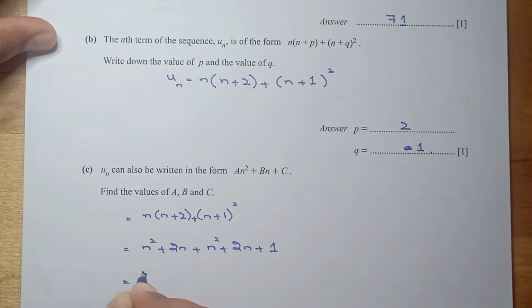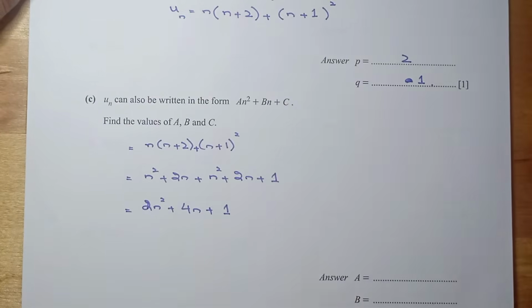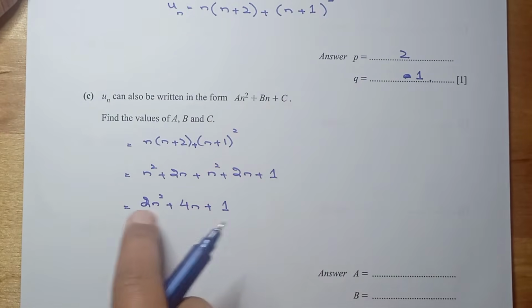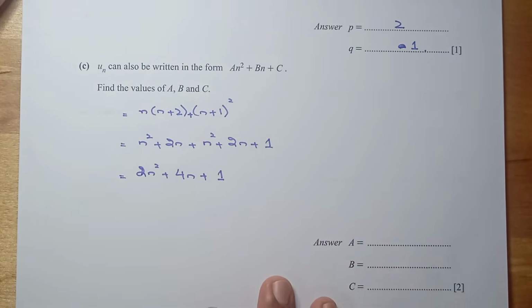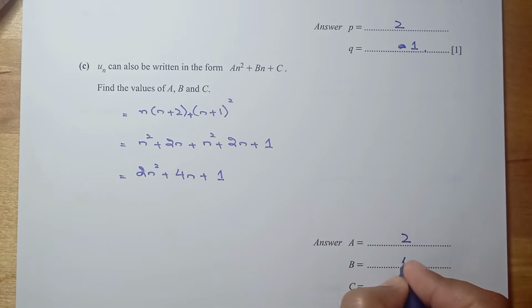So we have 2n square plus 4n plus 1. So if I compare it with a n square plus b n plus c, a is 2, b is 4 and c is 1. So these are the values of a, b, c.